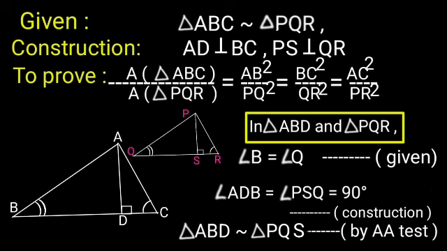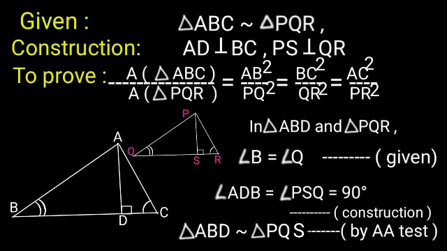In triangle ABD and triangle PQS, angle B and angle Q are congruent because we are given that both triangles are similar.